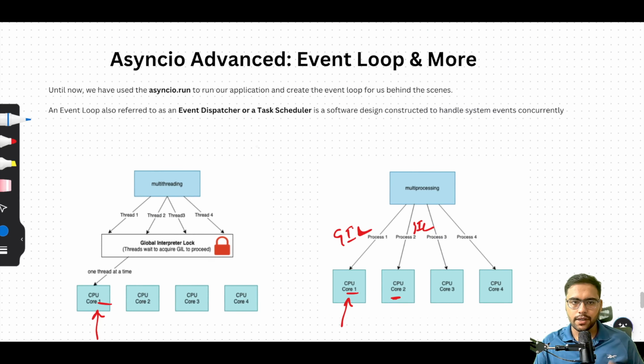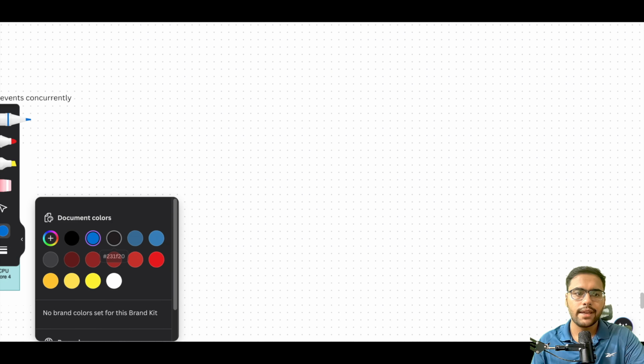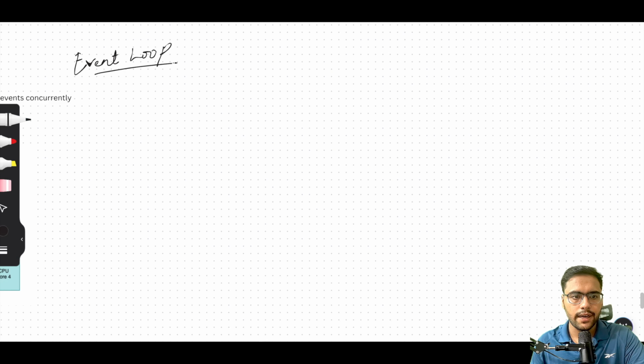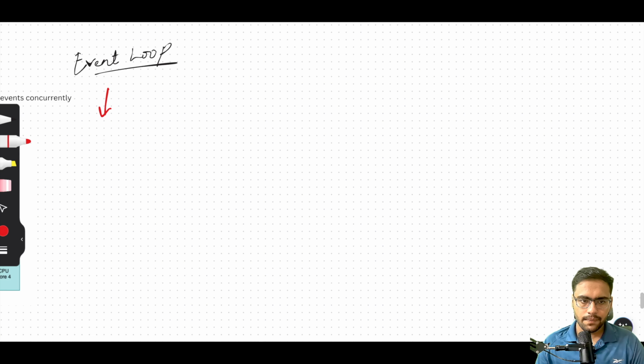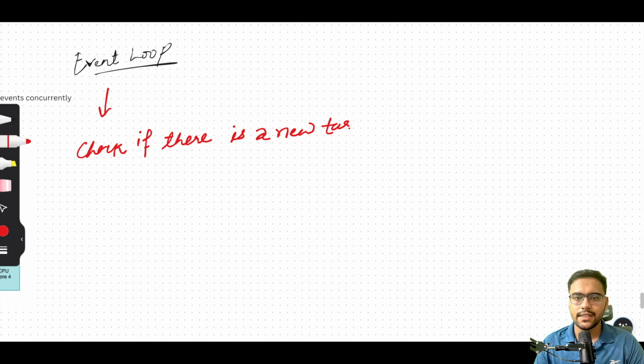Now the question is, what is the event loop? So let's talk about the event loop. The event loop is basically a loop that keeps checking whether there is a new task.